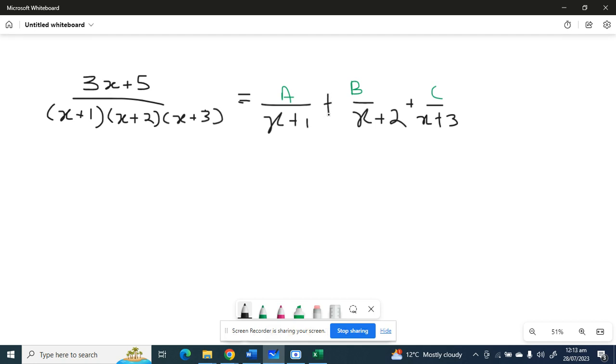So to do that, let's get rid of our denominators. All right. So we can multiply this whole expression by the denominator, which is x plus 1, x plus 2, x plus 3.